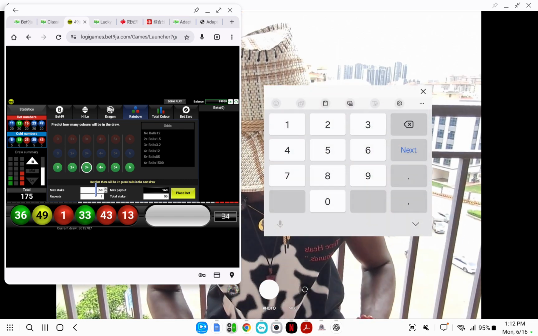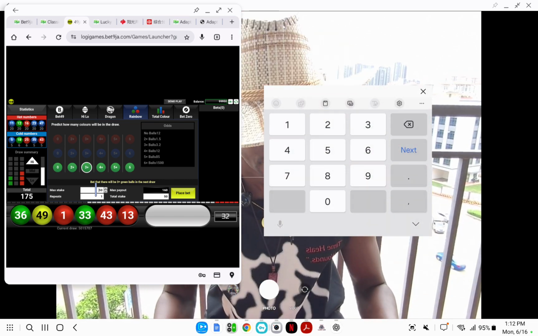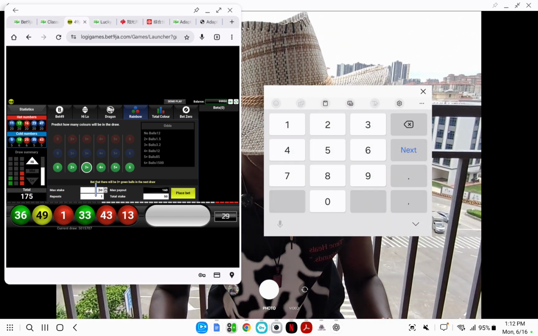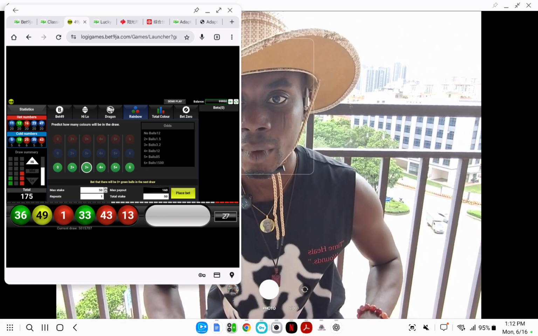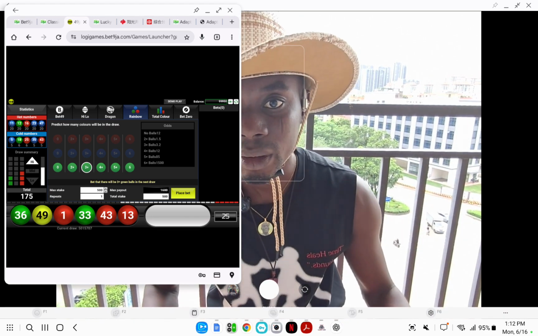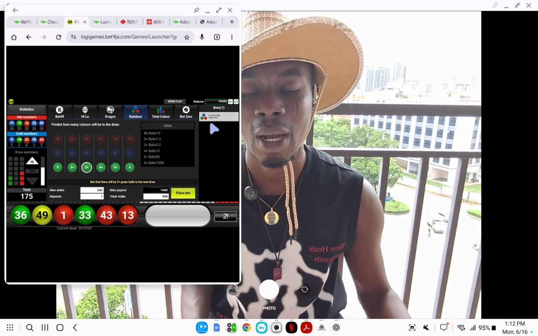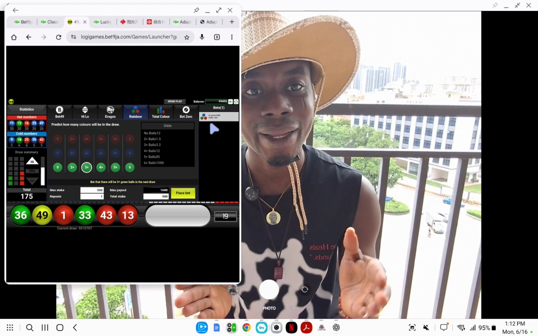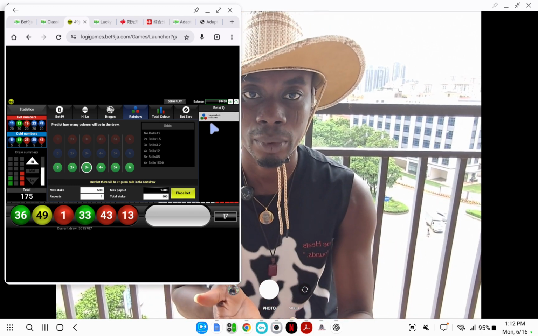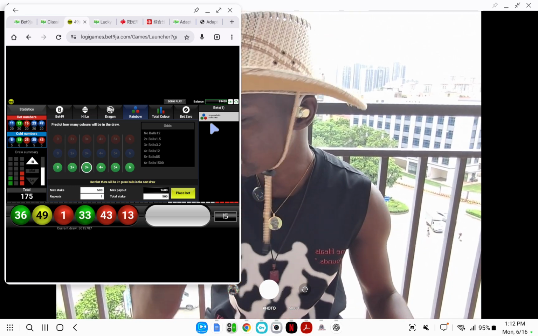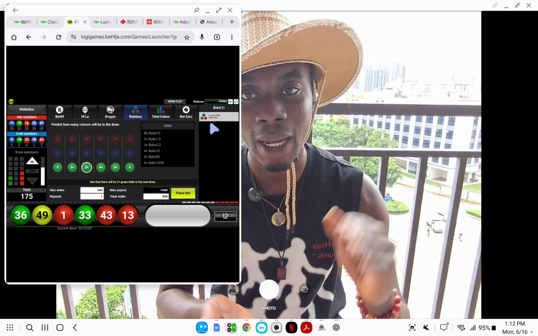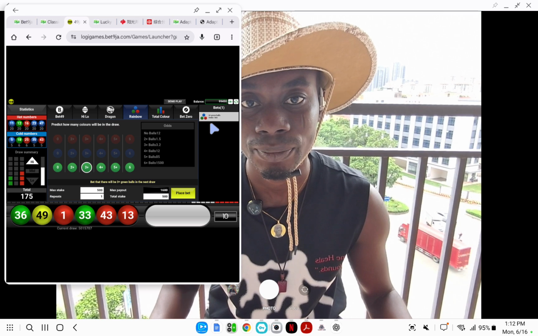Let me change the value to 50. The next one we are expecting to appear is on the green. I'm going to explain why we have to double. Let's just make it move first, then I'll fall back to the explanation.